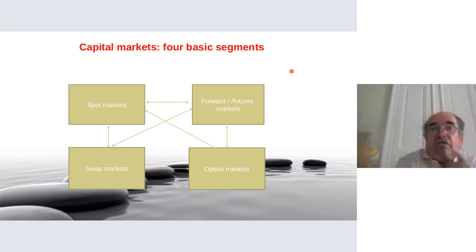But if you buy the right to buy the euro at 1.20, and the euro dollar crashes, moves down and goes to 1 instead of 1.20, you don't use the right to buy at 1.20. You buy at 1 instead of 1.20. So that's an option, the right to buy or the right to sell.